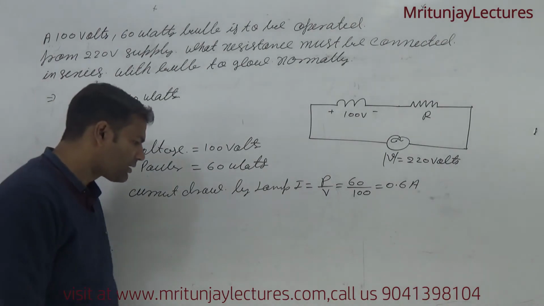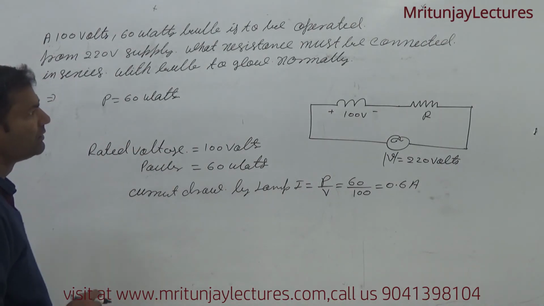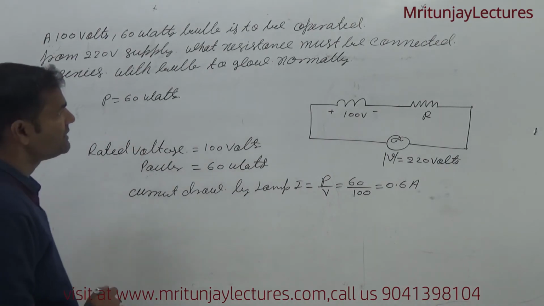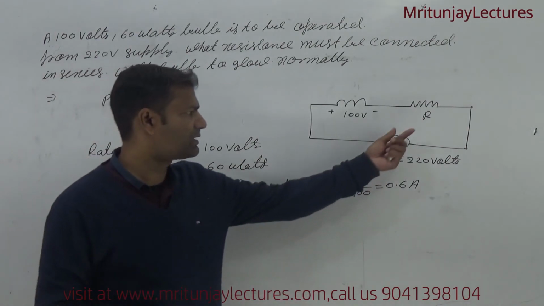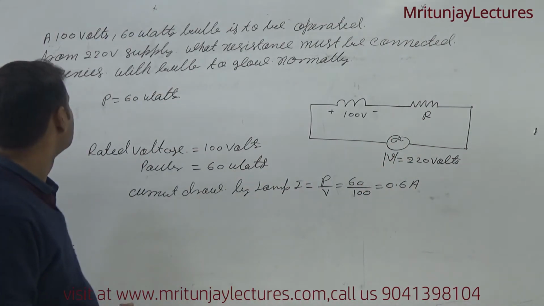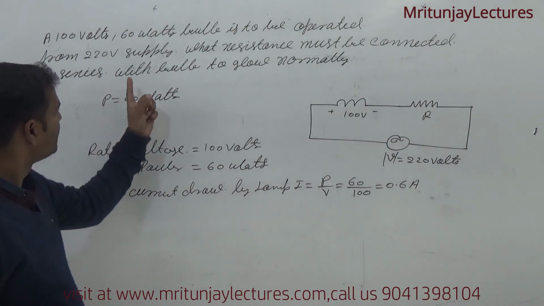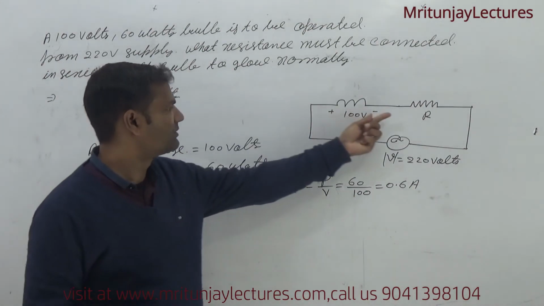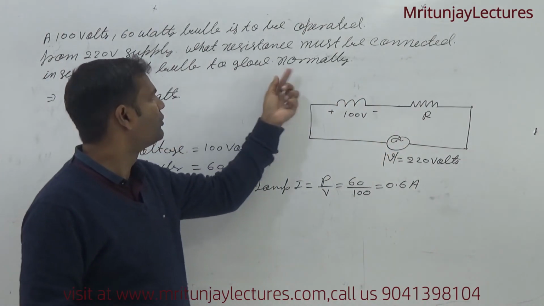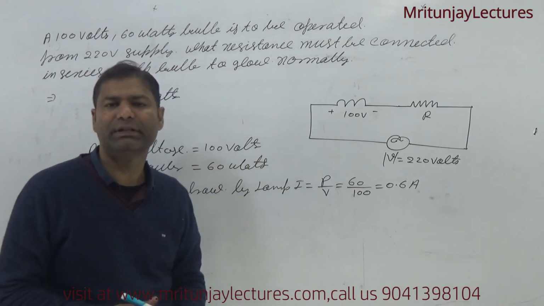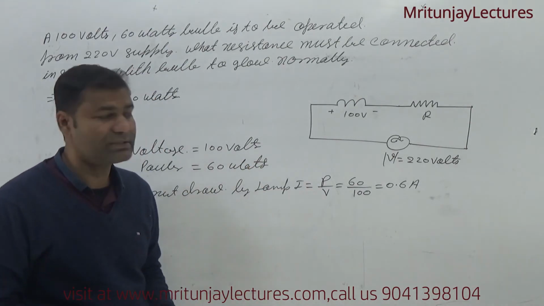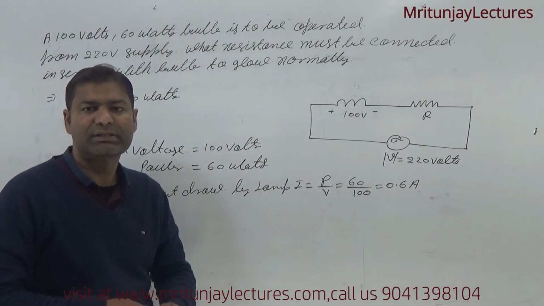Now, what resistance must be connected in series with the bulb so that it glows normally?